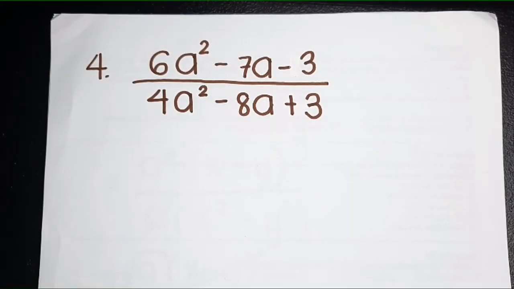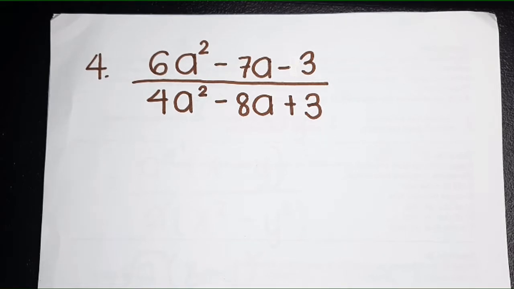Okay, let's have this fourth example. So in this example, you have a trinomial in the numerator and another trinomial in the denominator. Okay, I think ang trinomial isa sa pinakamahirap i-factor.